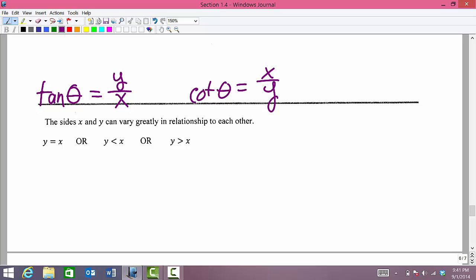X and y are the legs of a triangle, and the only restriction we had for the triangle was that r had to be the largest number, or the largest side of that triangle. X and y can have any sort of relationship with each other. X and y could be equal to each other. Y could be less than x, or y could be greater than x. We also never had a restriction that said that x and y cannot be 0.